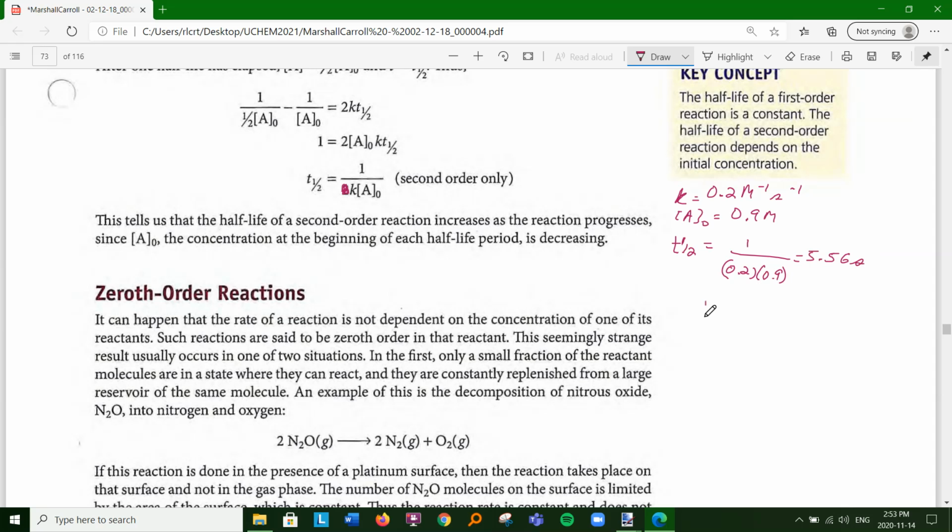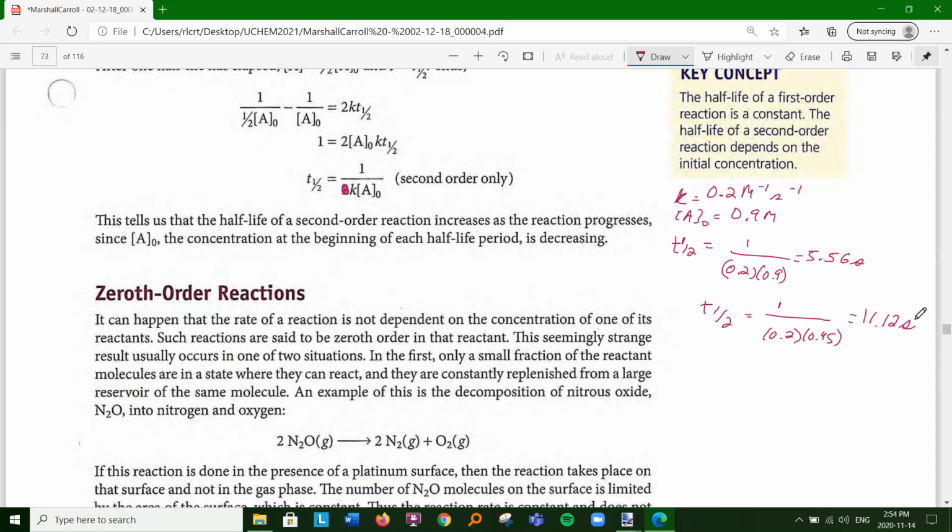If I wanted to do the next half-life, that's going to be 1 divided by K, still 0.2, but now I have half of what I started with, so I have 0.45. So 1 divided by 0.2 times 0.45 is 11.12 seconds. Okay, so 50% reacts. It takes longer for stuff to react if you have less stuff there to hit into each other, right? So the half-life is going to change.